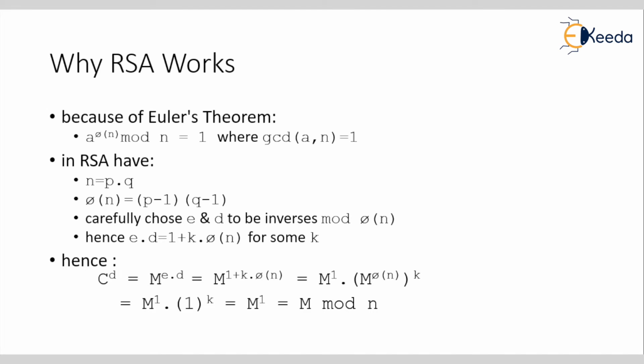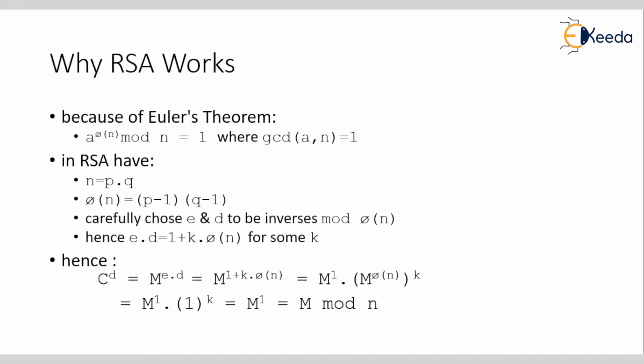Here we have to carefully choose the values of E and D to be inverses mod phi of n. Hence we can say E times D is equal to 1 plus k times phi of n for some value of k. And hence we can then find the ciphertext and the plain text.